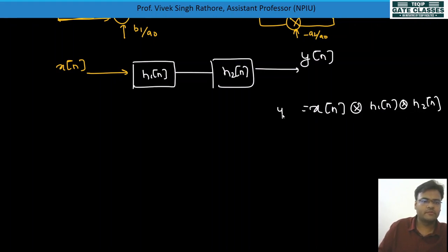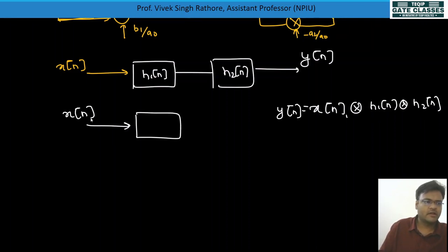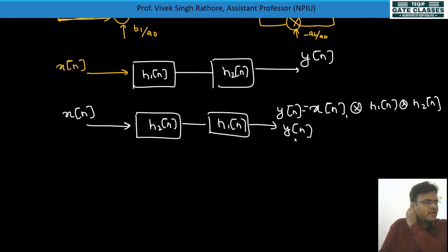According to the cumulative property, the order can be interchanged. So we can also write it as x of n, then h2 of n convolved with h1 of n, and then we get the same output. So this can be interchanged.